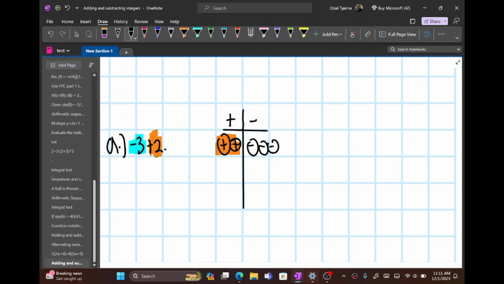We have to remember that for every positive, there is 1 negative, so they cancel out. 1 with 1, 2 with 2. Then you ask yourself, how many negatives are left over? We can clearly see there's 1 negative number, so this will be negative 1.